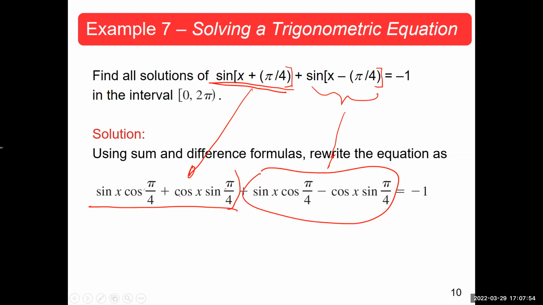If you're using degrees, pi over 4 equals 45 degrees. What do you find out?